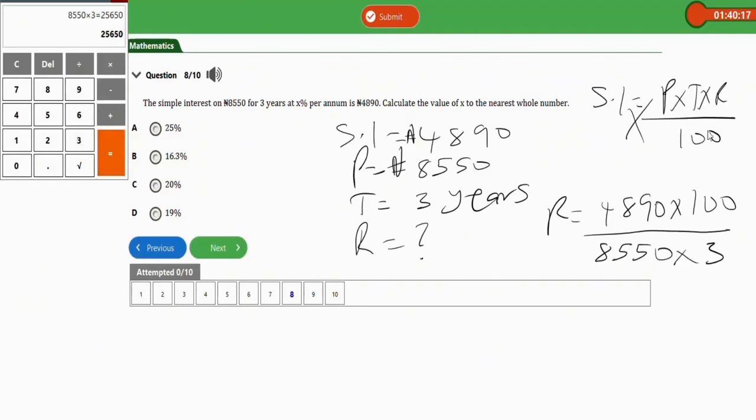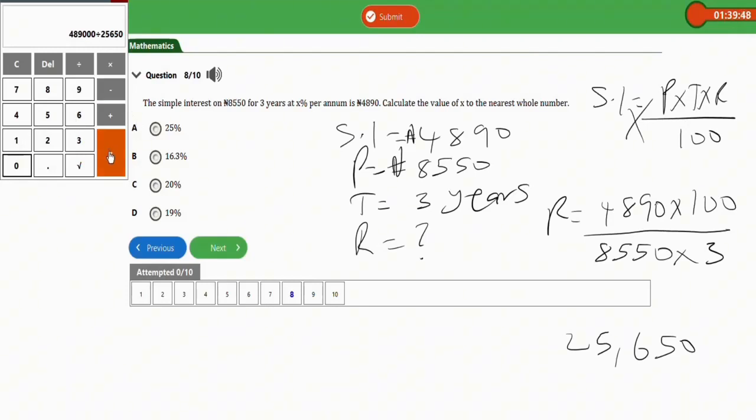Let's write this down so we're not going to forget it. Here we have 25,650 naira. So let's now solve everything together: 489,000 divided by 25,650.